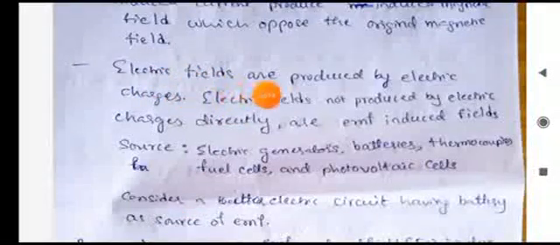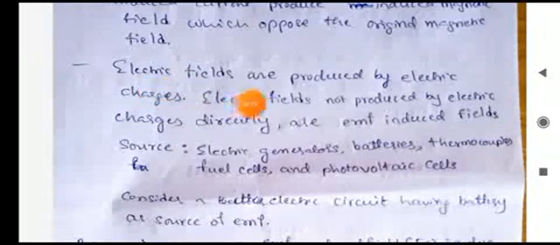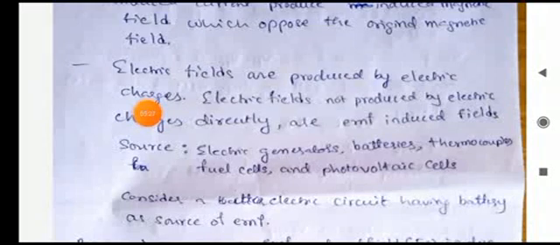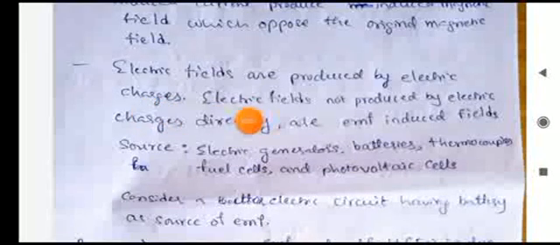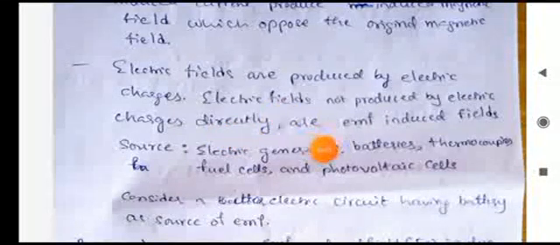Next, there are two types of electric fields. Electric fields are produced by electric charges. This is normal; we have already seen that an electric field is developed by electric charges. Electric fields are also developed by other sources. Such electric fields are called EMF induced electric fields.